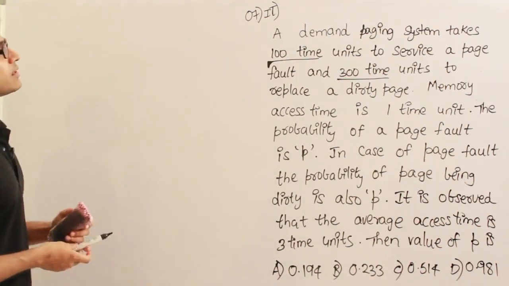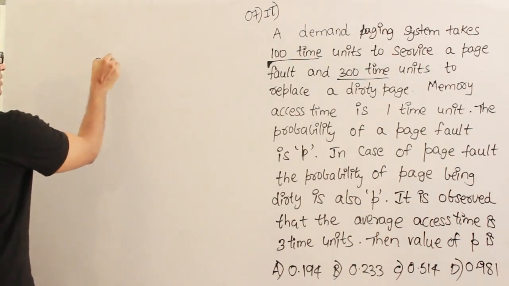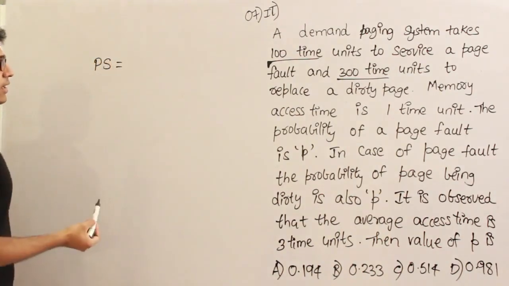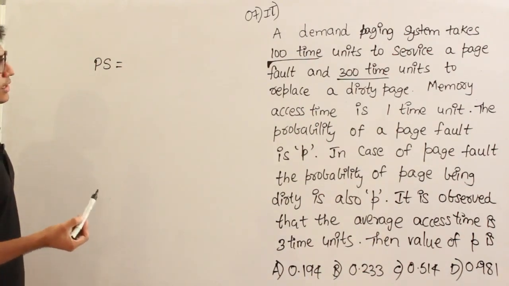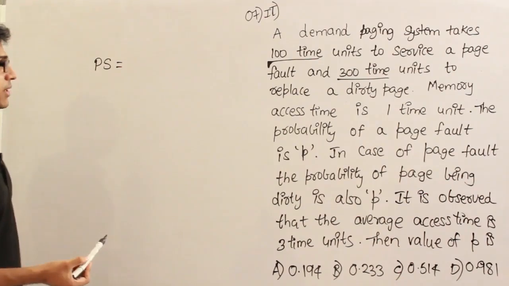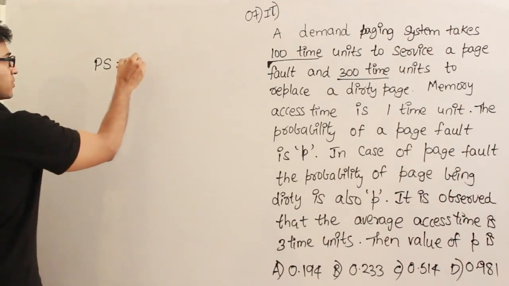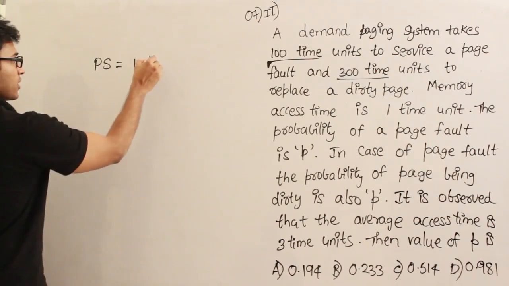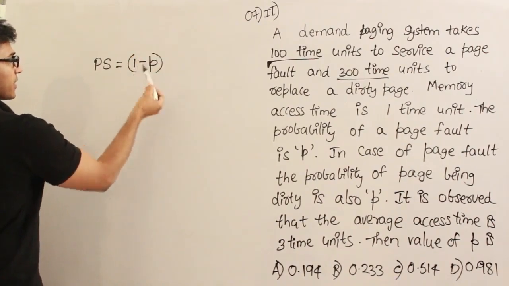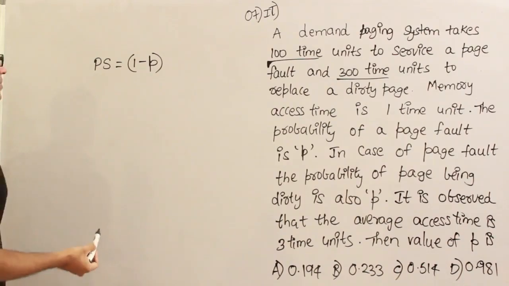First thing is they didn't give you the page fault service time directly. They are saying that if no dirty bit is set, then the time taken is 100 units, and if the dirty bit is set, then the time taken is 300 units. Therefore the page fault time: the probability of a page being dirty is P, therefore not dirty is 1 minus P, right?